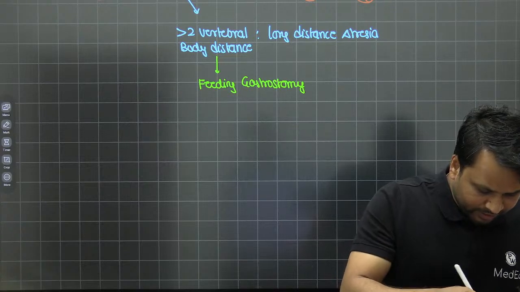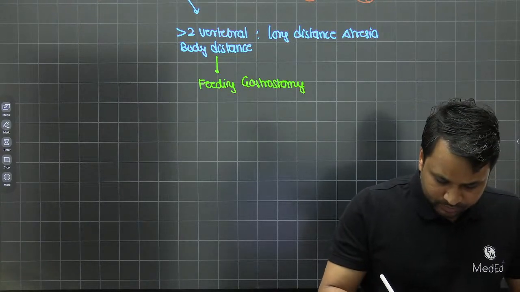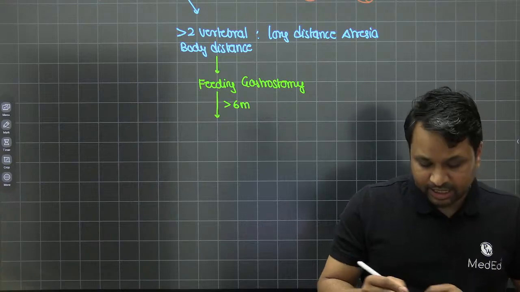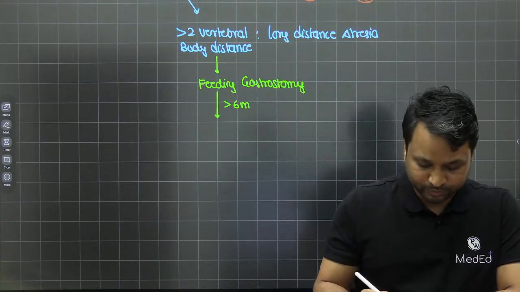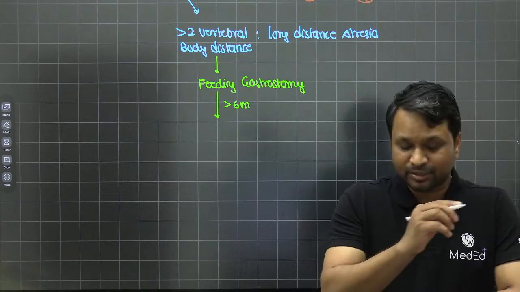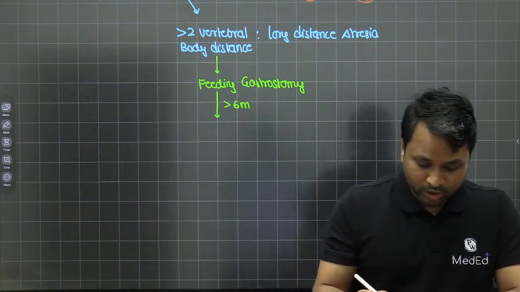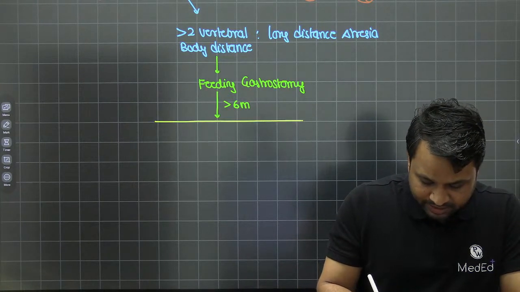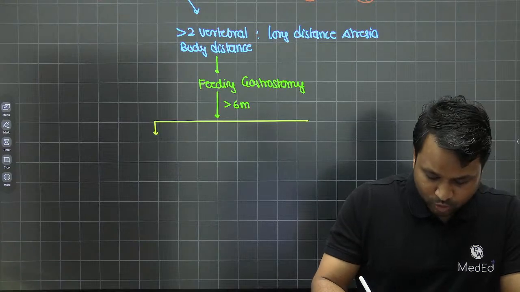Now, when you have done the feeding gastrostomy, I will usually wait for 6 months, and after 6 months, I will review. After 6 months, I will see whether the distance between the two ends has grown or not. So after 6 months of feeding gastrostomy, I am waiting for these two esophageal ends to grow.